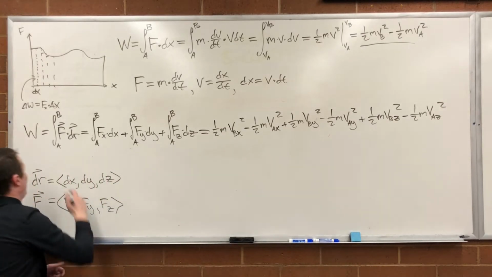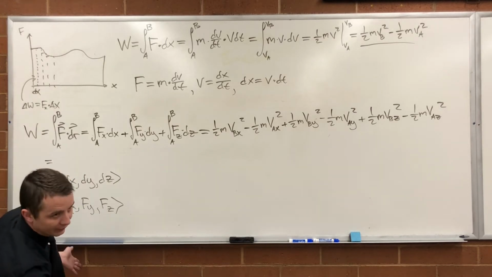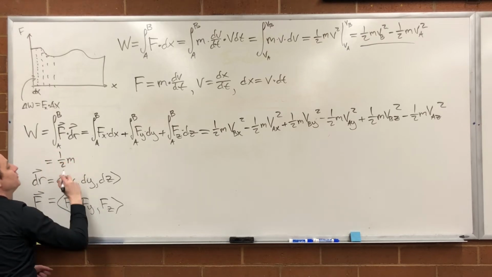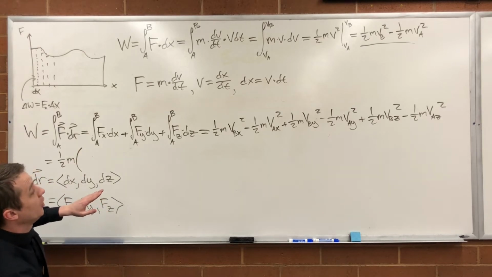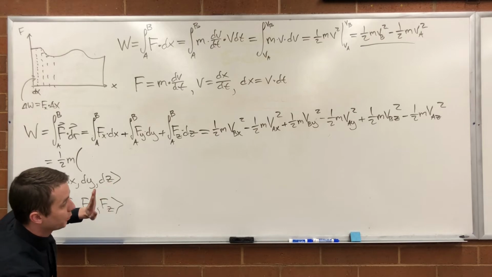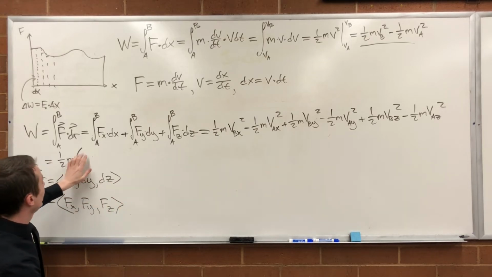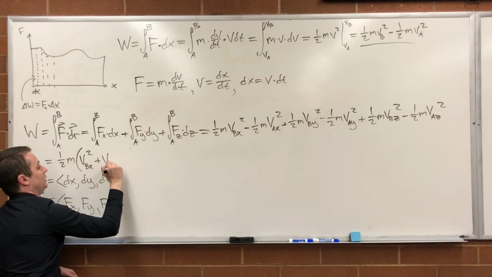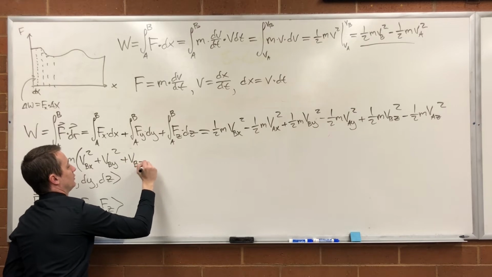Okay, so I'm going to factor the 1/2 m out of everything. Then I'm going to write all my velocities at point B first, and then my velocities at point A. So at point B, I have a positive VB in the x direction squared plus VB in the y direction squared plus VB in the z direction squared.